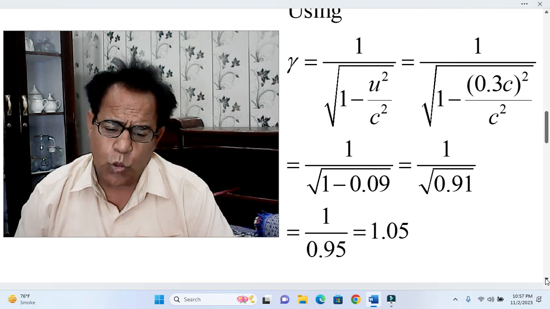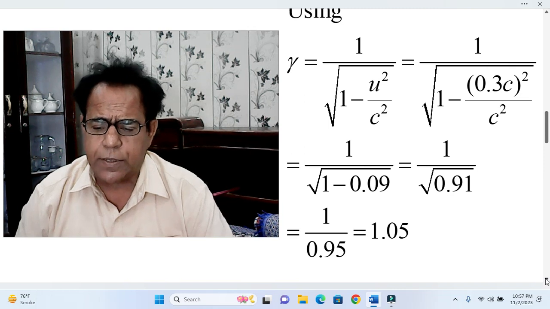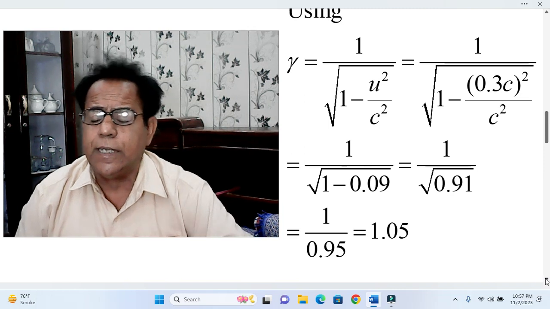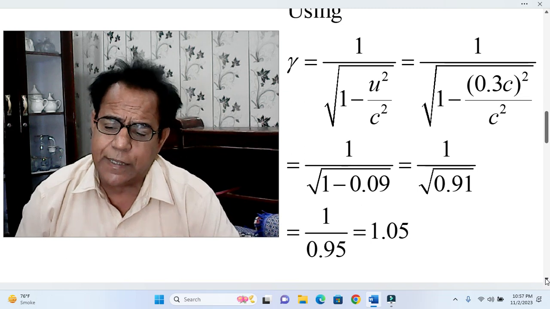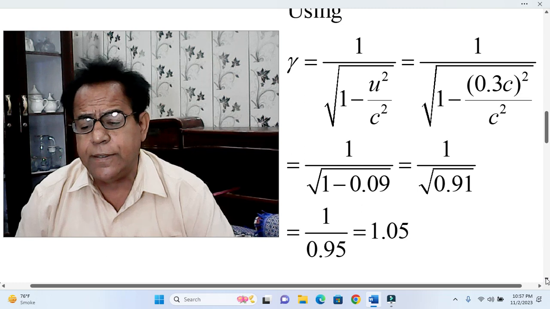Lorentz factor next step becomes equal to 1 over the square root of 1 minus 0.09. Dear students, here c square will be cancelled with c square, and square of 0.3 is 0.09.